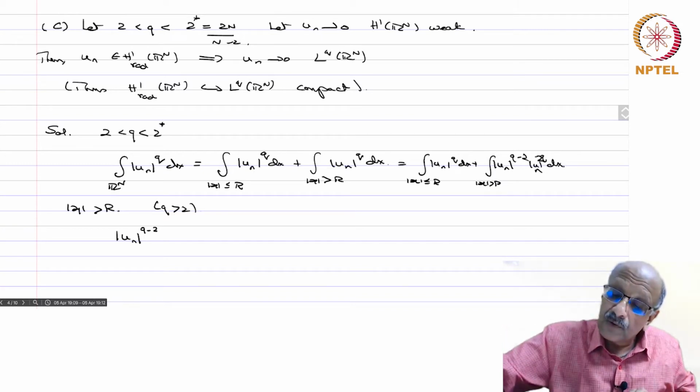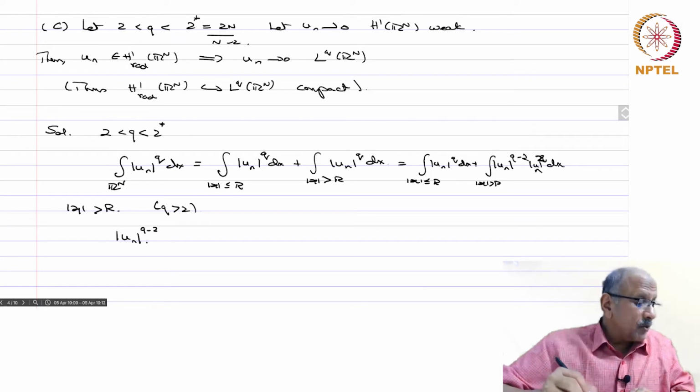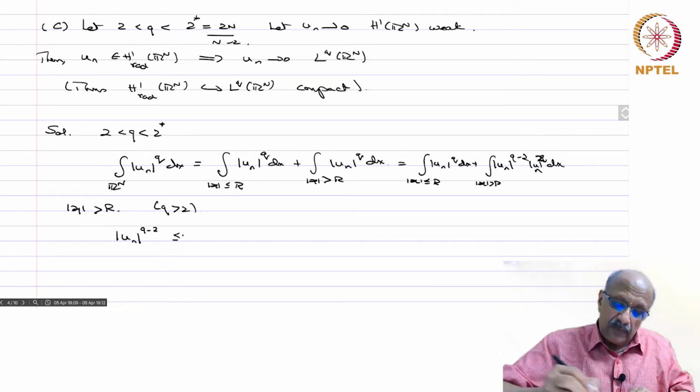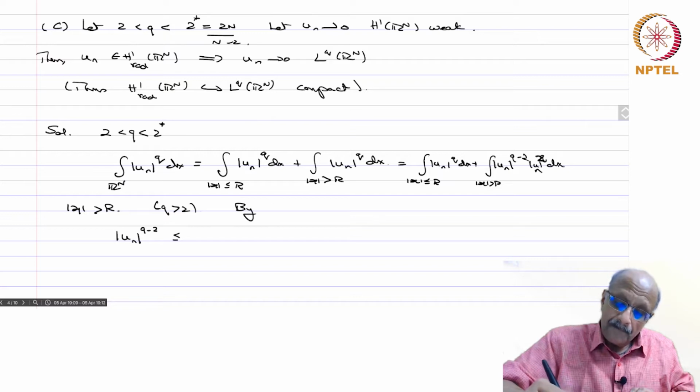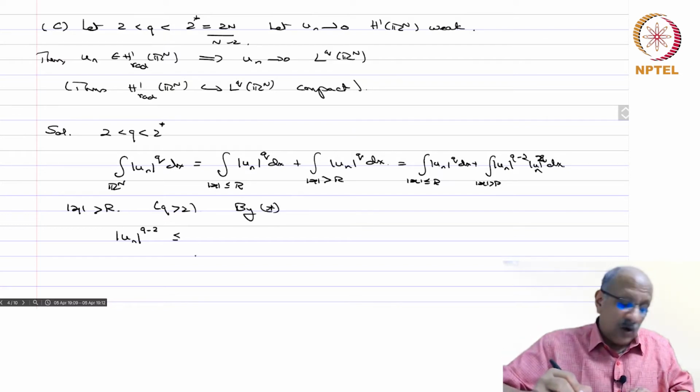Sorry, not q, 2. So |un|^(2-q) is bounded by inequality star. So we are using the inequality star, which holds for almost every x.